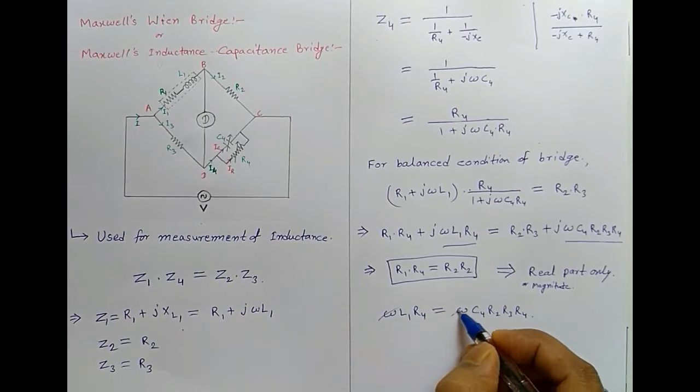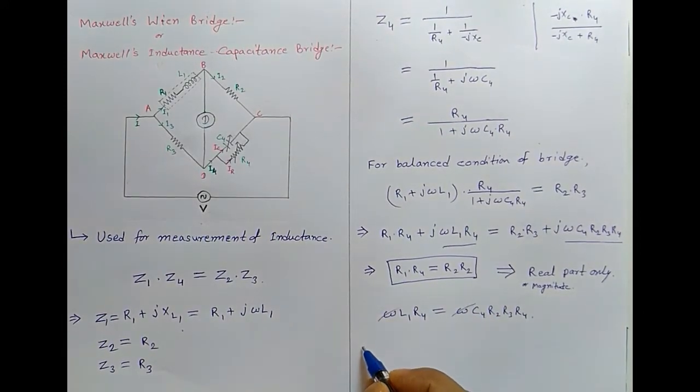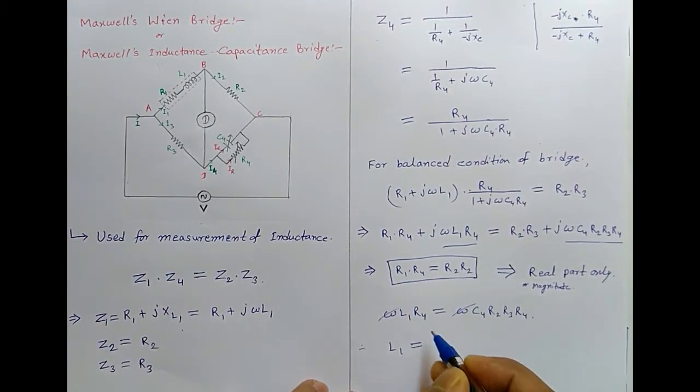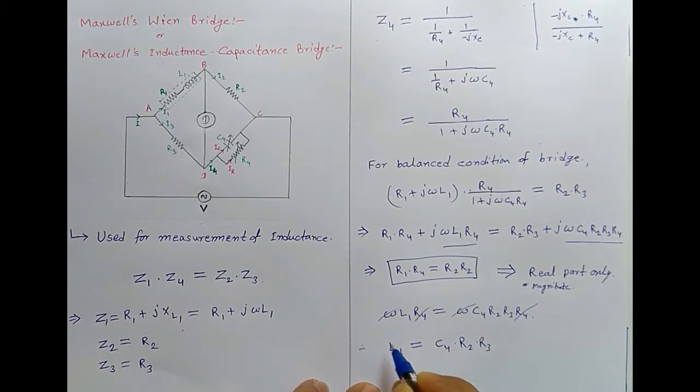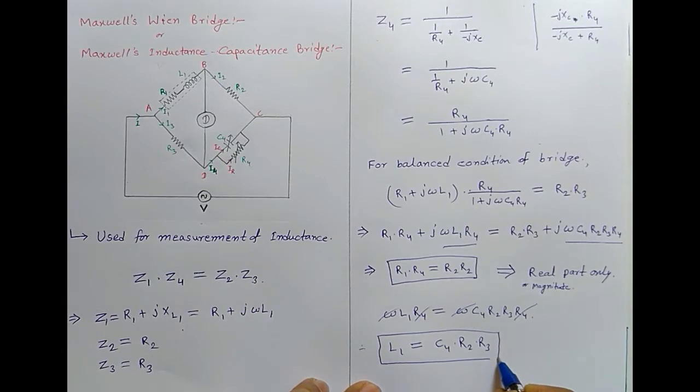Omega will be cancelled out, and R4 will also be cancelled out, so L1 will be C4 into R2 into R3, and this is the equation for measuring the inductor, that means L1.